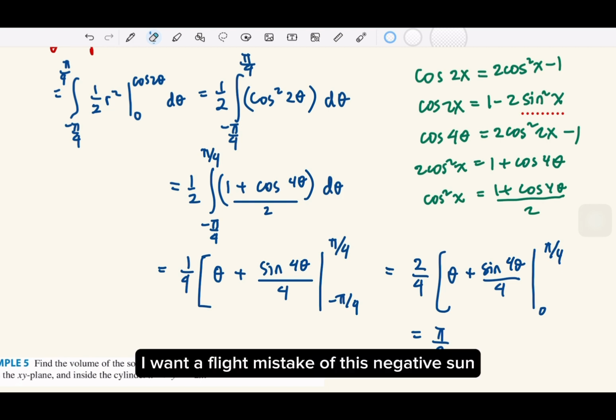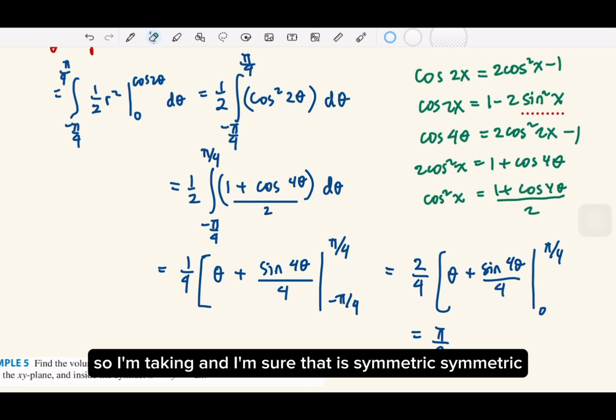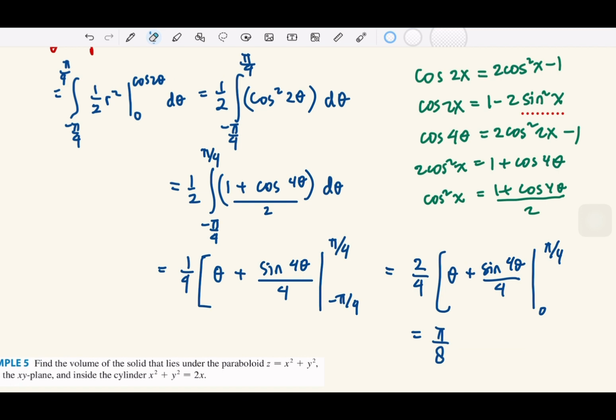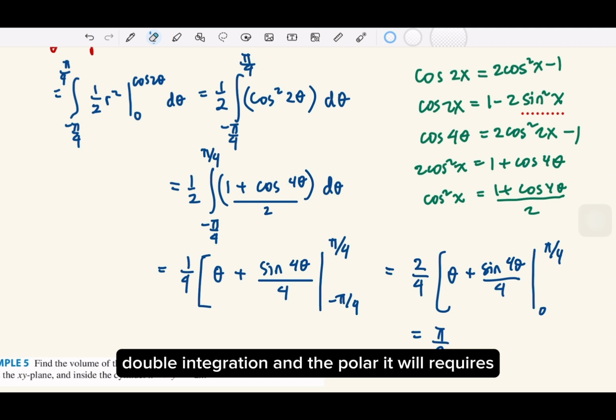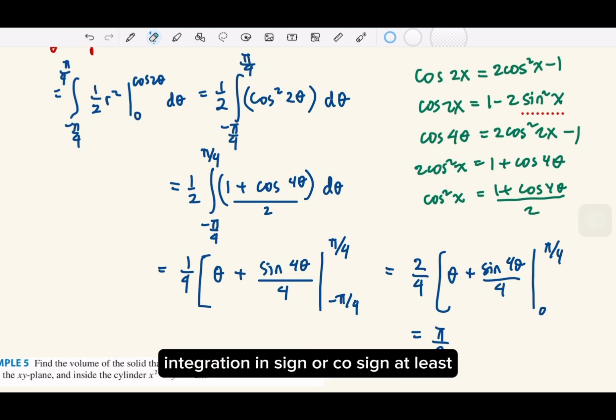But I want to avoid mistakes on this negative sign, so I'm sure that it's symmetrical. Because double integration in polar requires integration of sine or cosine at least, this happens a lot. So I hope you get this correct.